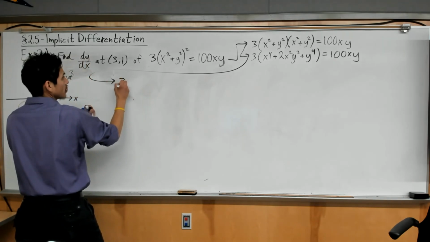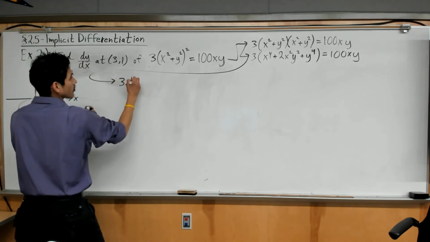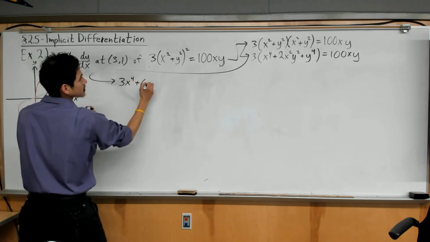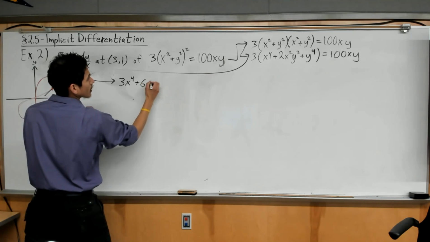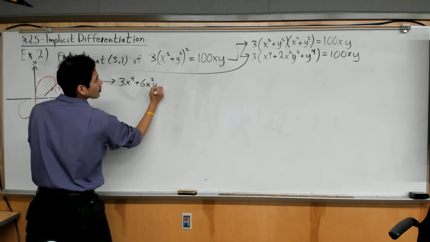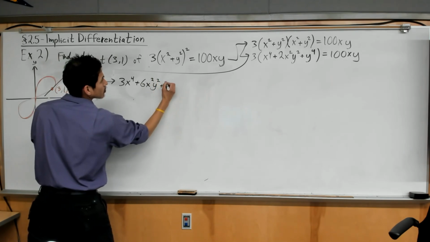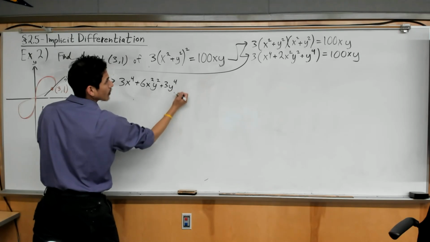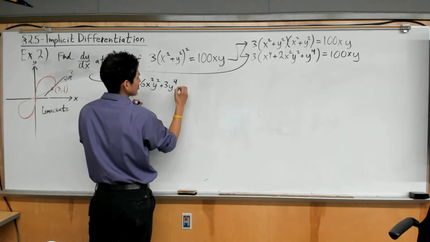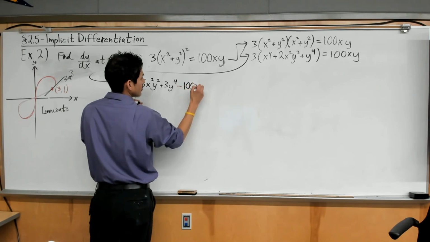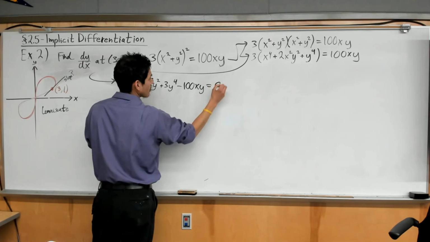So we'll go 3x to the 4th plus 6x squared y squared plus 3y to the 4th, and I'm going to subtract 100xy. So minus 100xy equals 0.